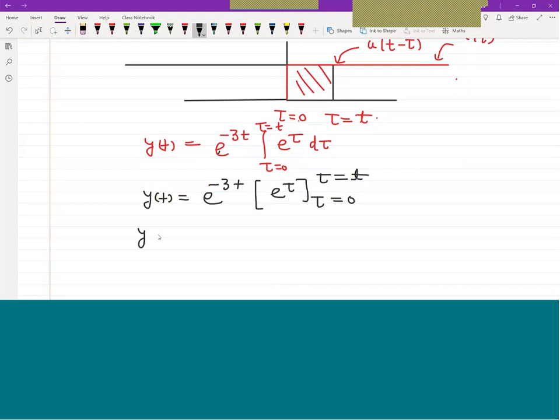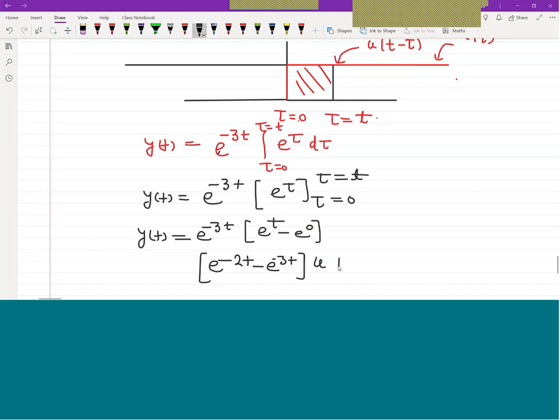So y(t) can be written as e to the power minus 3t times (e to the power t minus 1). So this is e to the power minus 2t minus e to the power minus 3t, and this exists for t greater than or equal to 0. That's why I am multiplying this by u(t). This is only valid for t greater than or equal to 0.